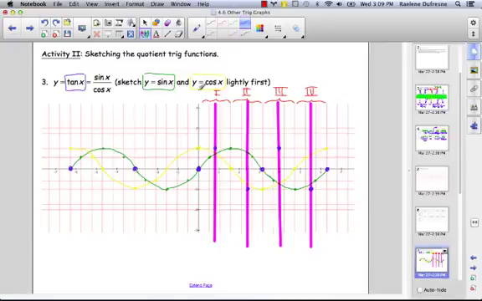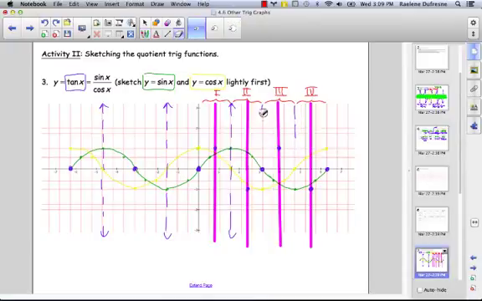So every time I have a yellow x-intercept for the cosine graph, the tangent graph in blue has a vertical asymptote. And here are the vertical asymptotes for this particular grid, and we can draw the graph.